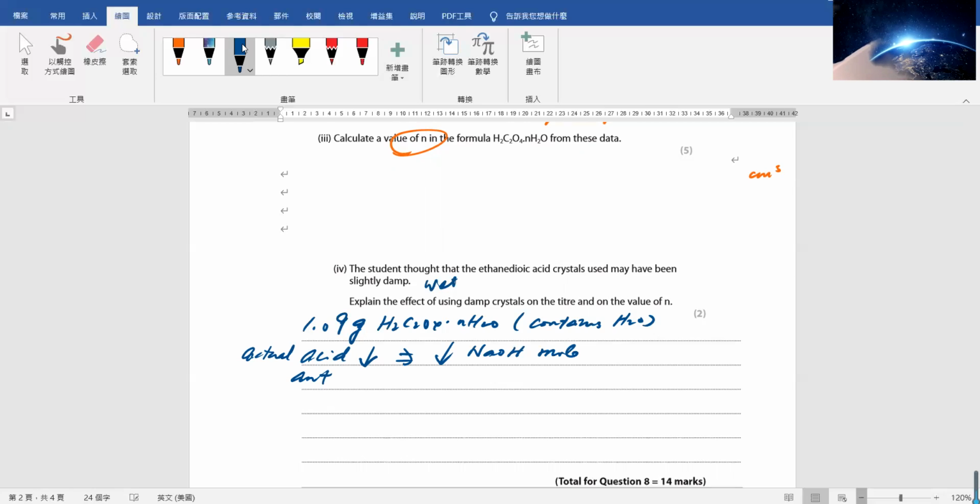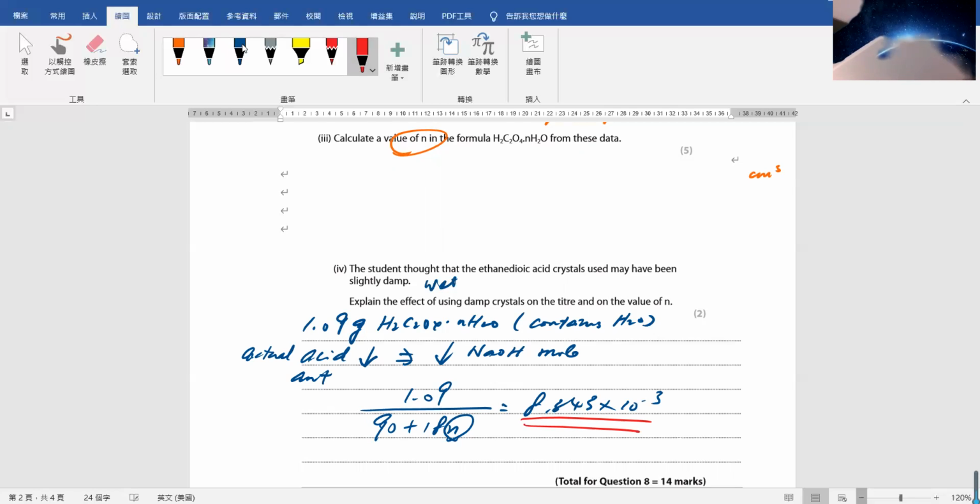Now originally your calculation is like that, and you work out n. Now think about if this value is going down, then n will increase. Do you agree? Because you're going to switch these two parts. This number will become the denominator. So if the denominator decreases, n will increase.